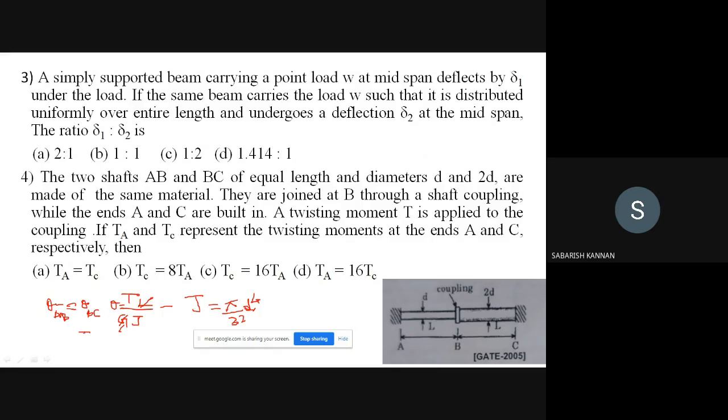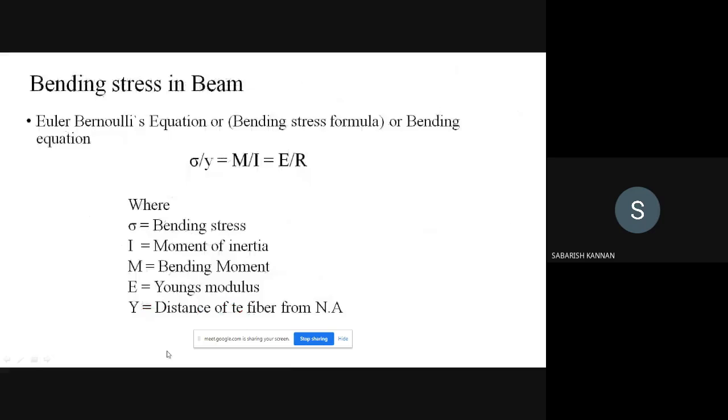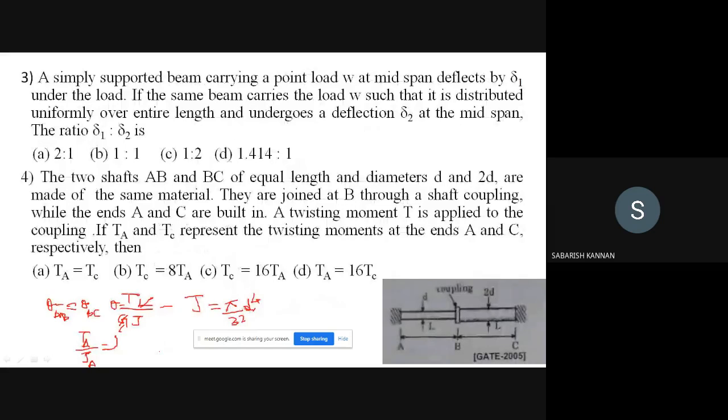That is T suffix A divided by JA equal to TC divided by JC, J suffix C. So L is same here.